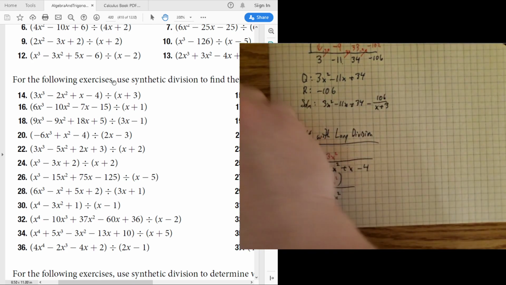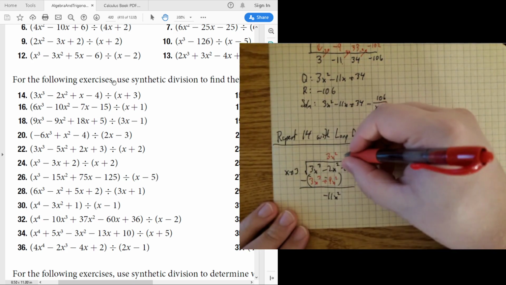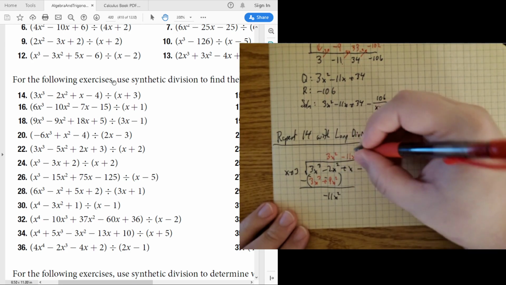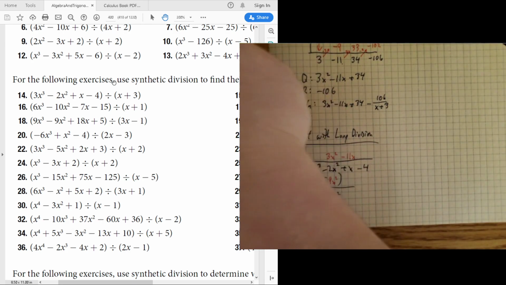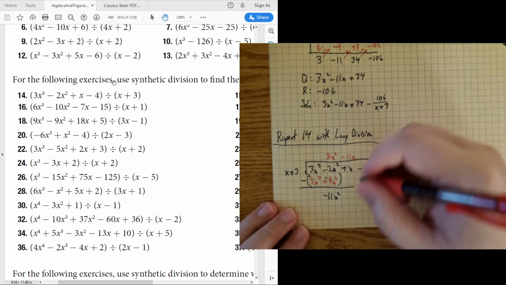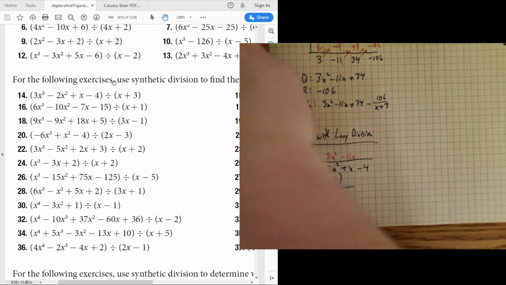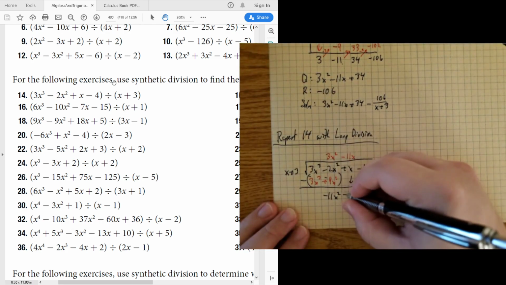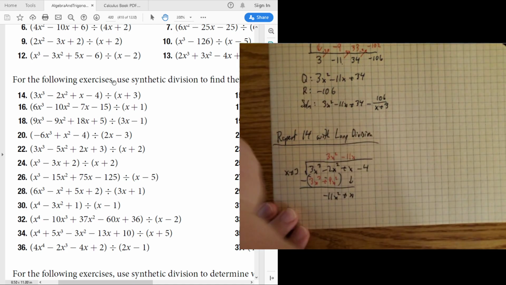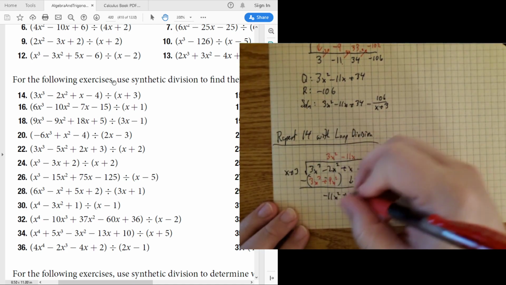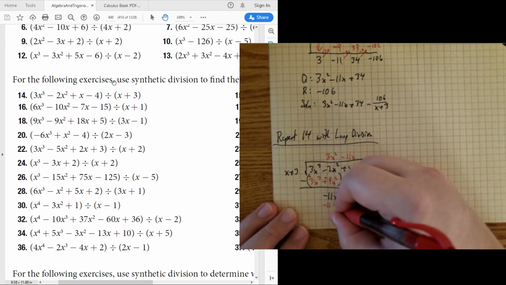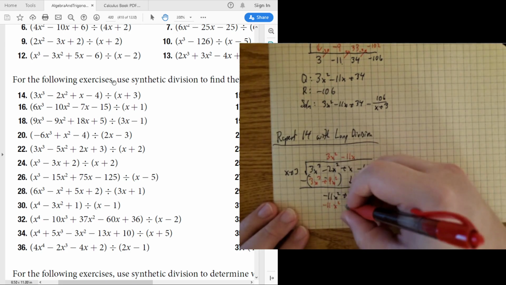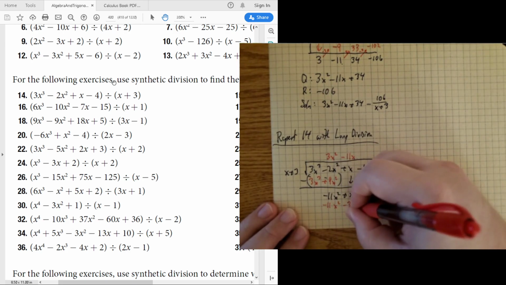To get these to match, I'd have to take it by negative 11x. Negative 11x, make sure you drop the x. So plus x. Negative 11x times x would become negative 11x squared, negative 33x.